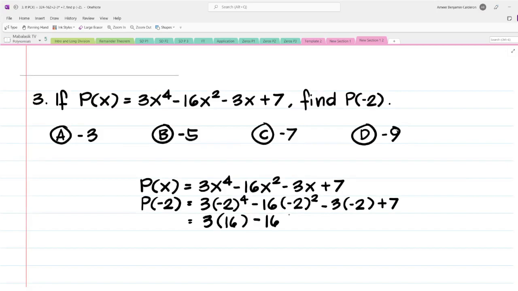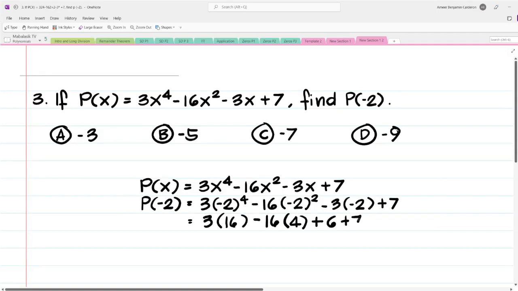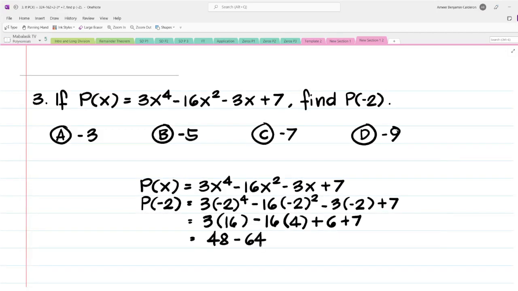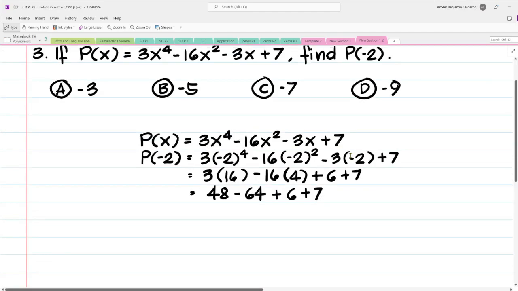Minus 16 times negative 2 squared, that is 4, plus, sorry, that is 6. Pangit, sorry. Plus 7. So this is now 48 minus 64, 16 times 4, plus 6 plus 7. So at this point, what we want to do is to put together all the positives and put together all the negatives.